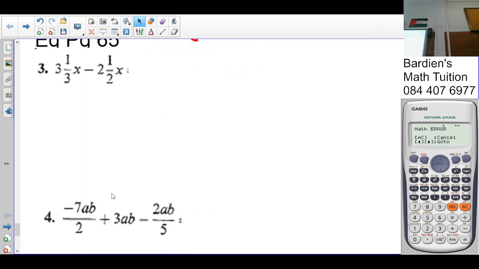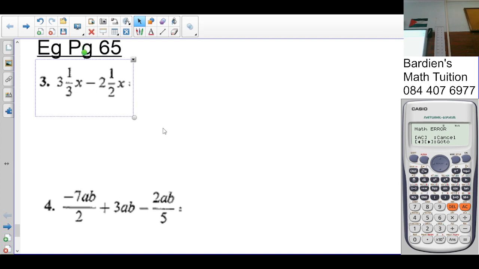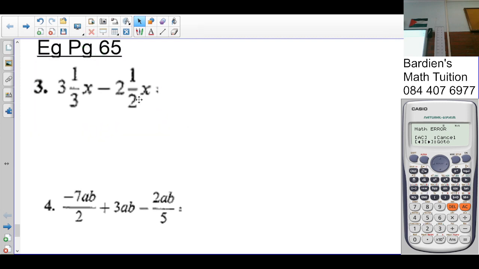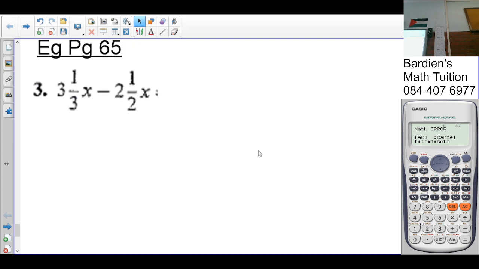Number 3. So what's the first step we need to do here? Change to improper.